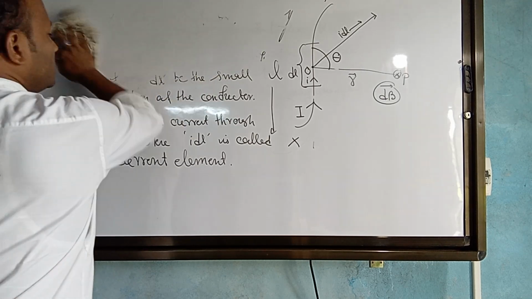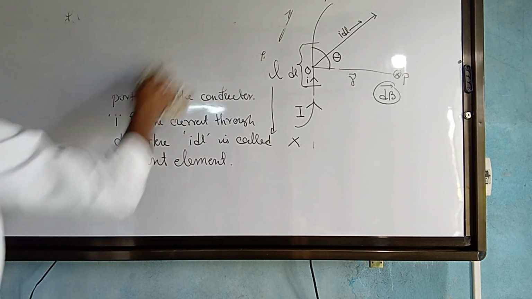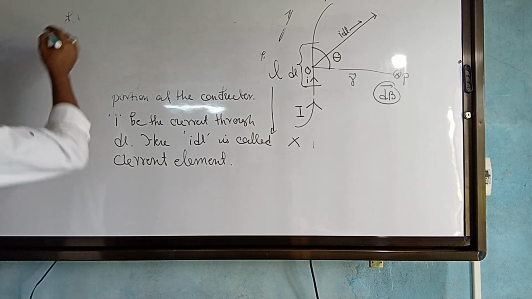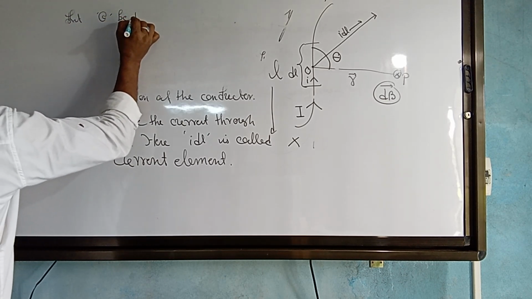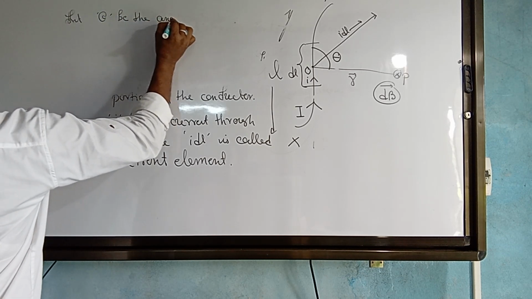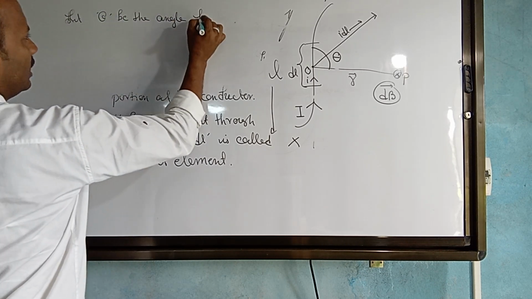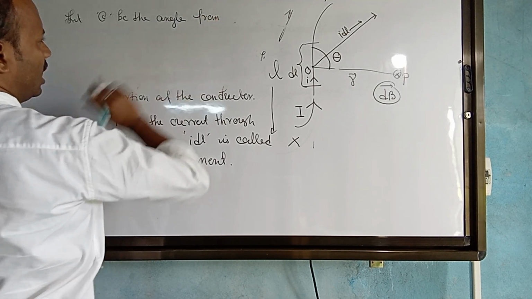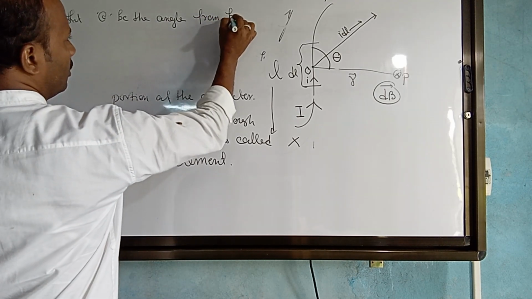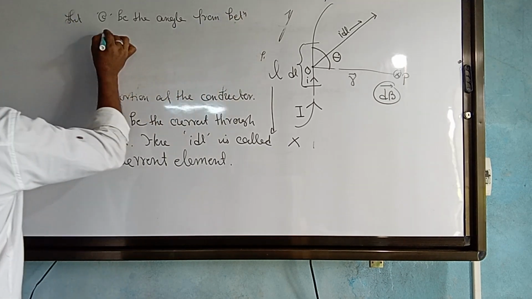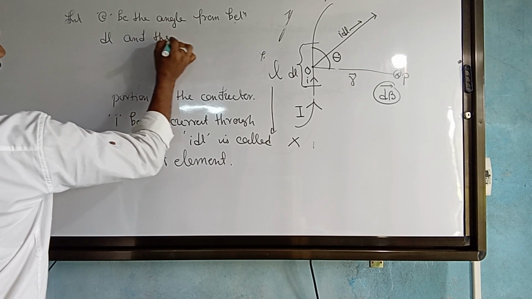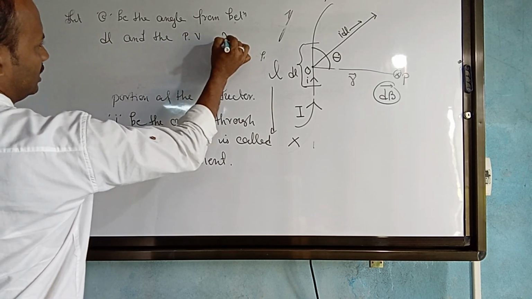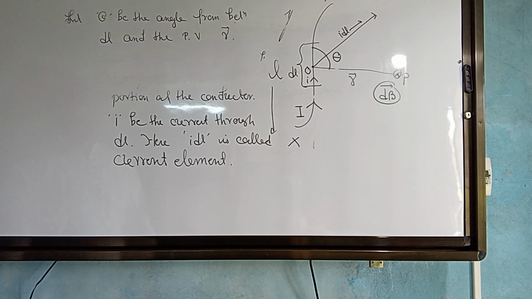Let theta be the angle formed between dl and the position vector, this is r.